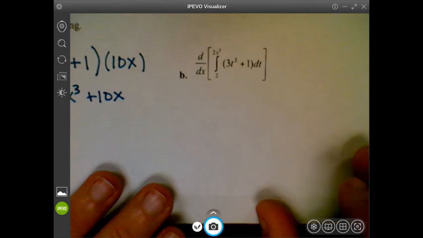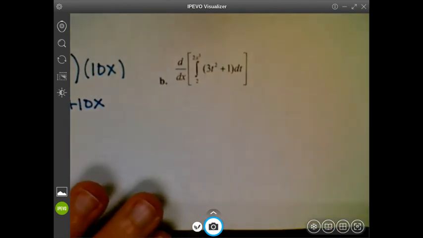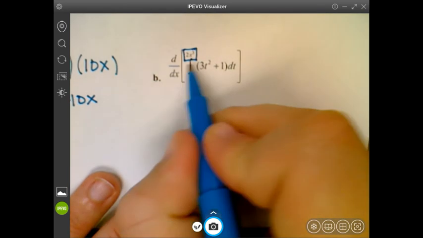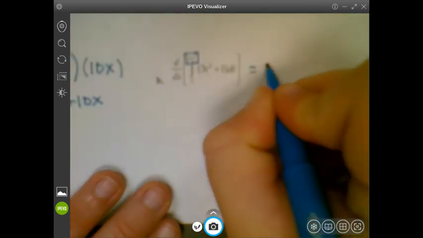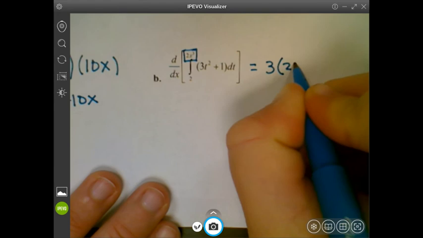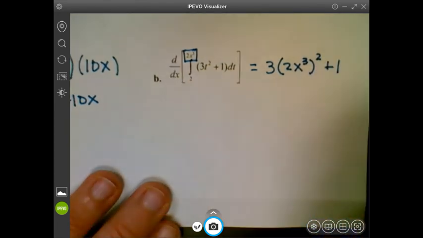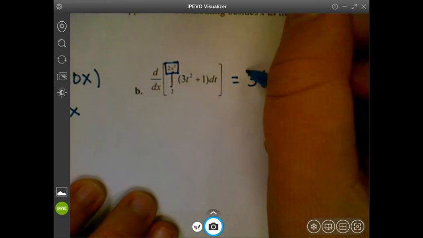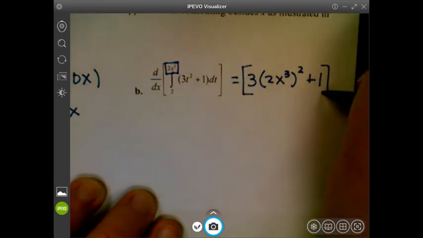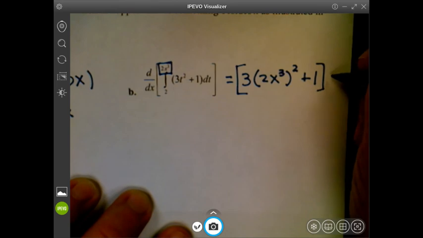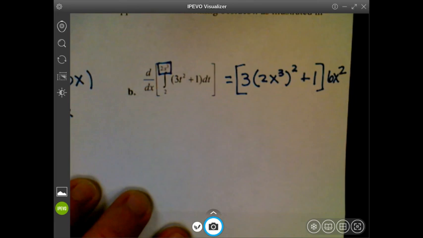All right, and last but not least, we have going to a 2x cubed, and we're going to just plug that in. So you do have to plug it in, that will also get squared, and you have the 3 in the front. And then this also has to be multiplied by the derivative of 2x cubed, and the derivative of 2x cubed would be 6x squared.